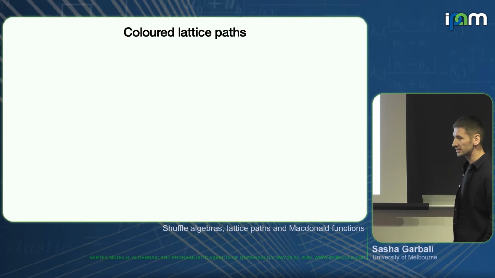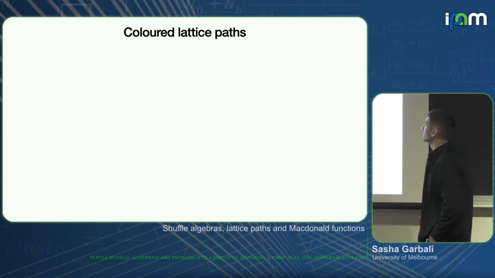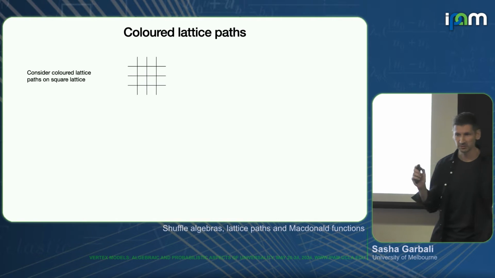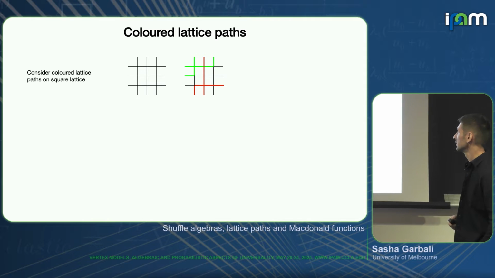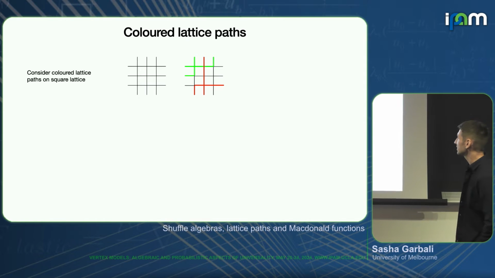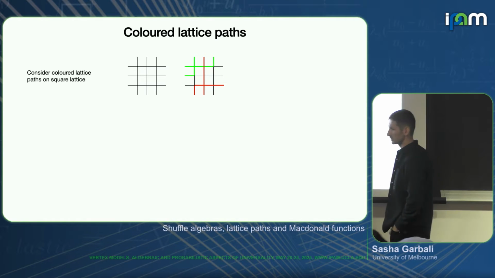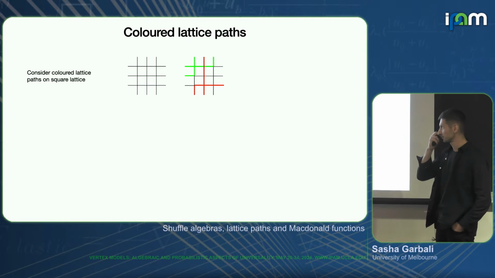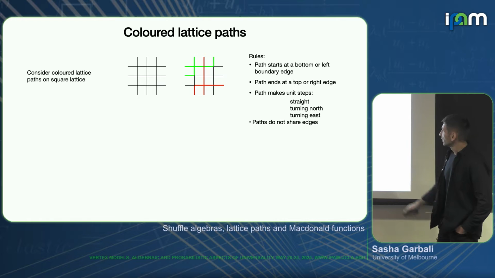And now we can generalize this picture to a colored version. Now we have the same square grid, and on this grid we will put colored paths. In this example, I have two colors, red and green, but the number of colors is unrestricted. You can imagine any number of colors. And again, they follow the same rules as in previous talks.